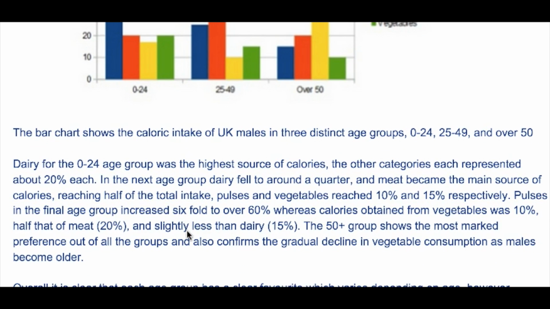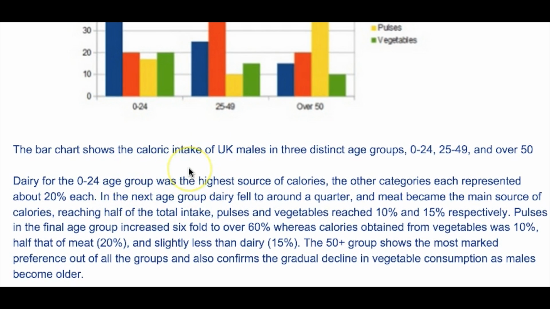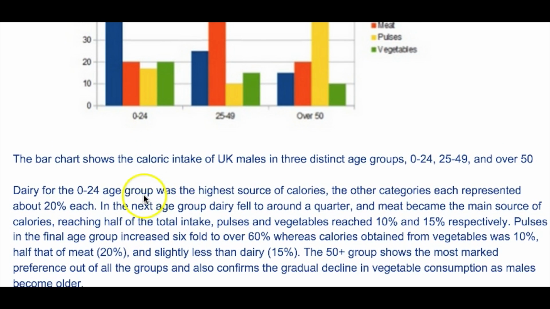Now, the other part: I am going through it chronologically, but I'm not going through it in a listed fashion. Once again, I started with dairy again, but I've used the fancy sentence saying it fell to around a quarter, which is roughly the case there, and meat became the main source of calories.